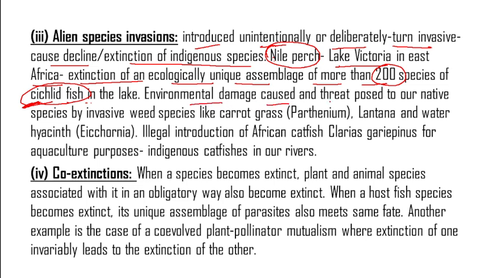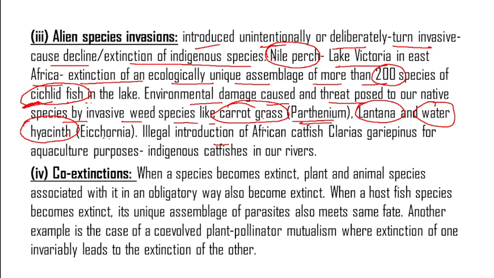Environmental damage and threat are posed to our native species by invasive species like carrot grass, also called Parthenium, Lantana, and water hyacinth, Eichhornia. These three are examples from the plant kingdom. They are also alien species which were introduced in an area and caused a threat to the plants found in that local area.